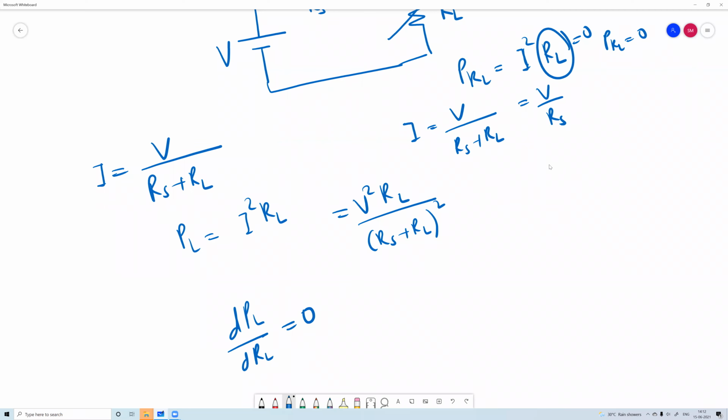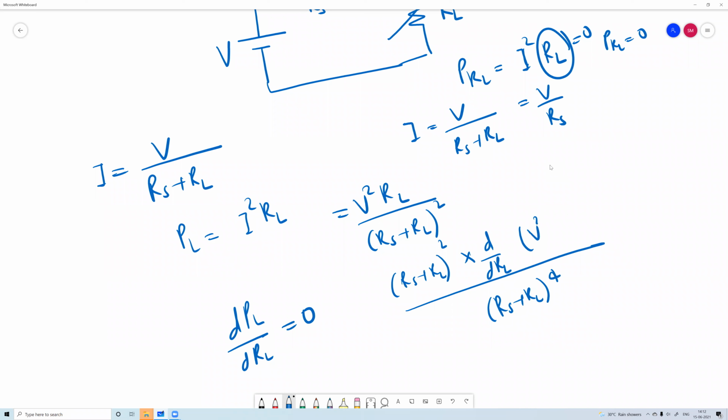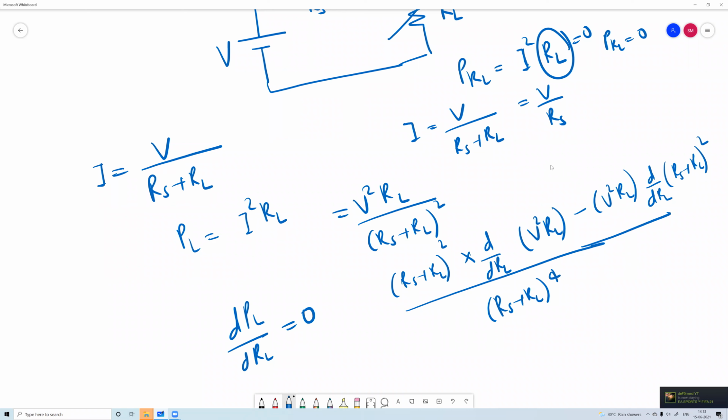Okay. Let us find it out. That would be RS plus RL to the power of 4 in the denominator, and in the numerator, dRL of V square RL minus V square RL times d of RS plus RL whole square by dRL. That should be 0.